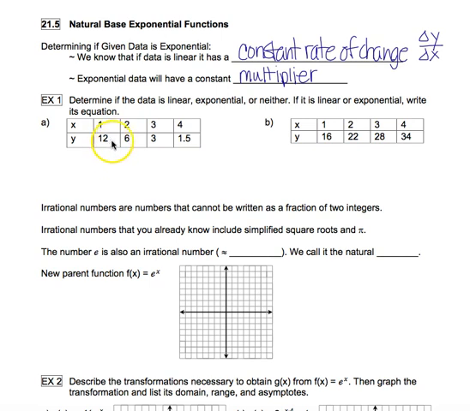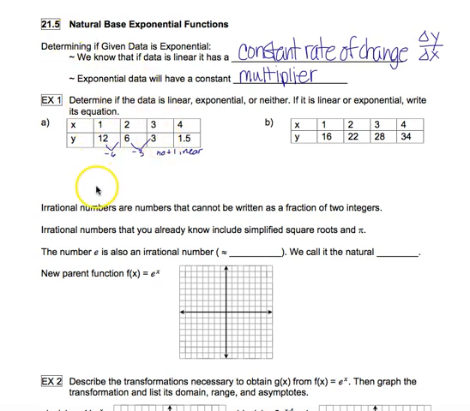Here you can see from 12 to 6, I subtracted 6. But when I go from 6 to 3, I'm only subtracting 3. So it's not linear because that rate of change was not constant.